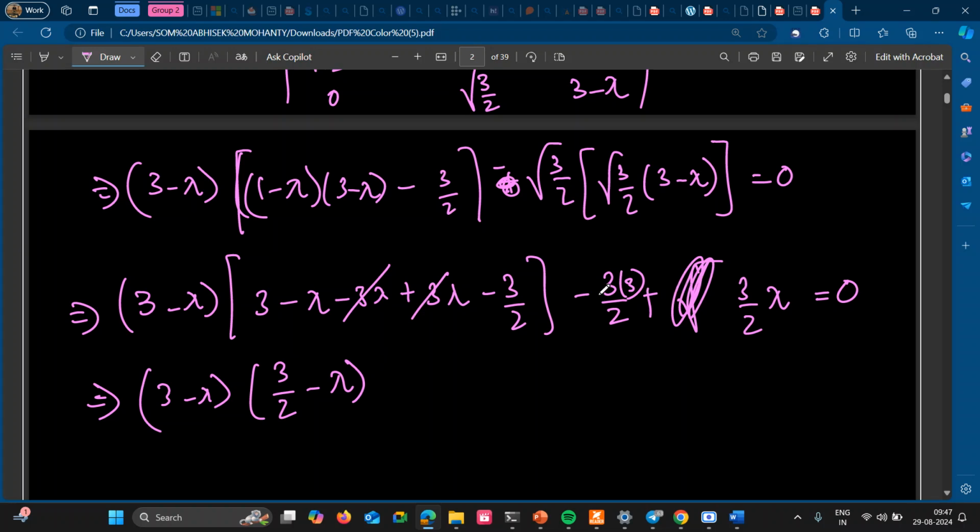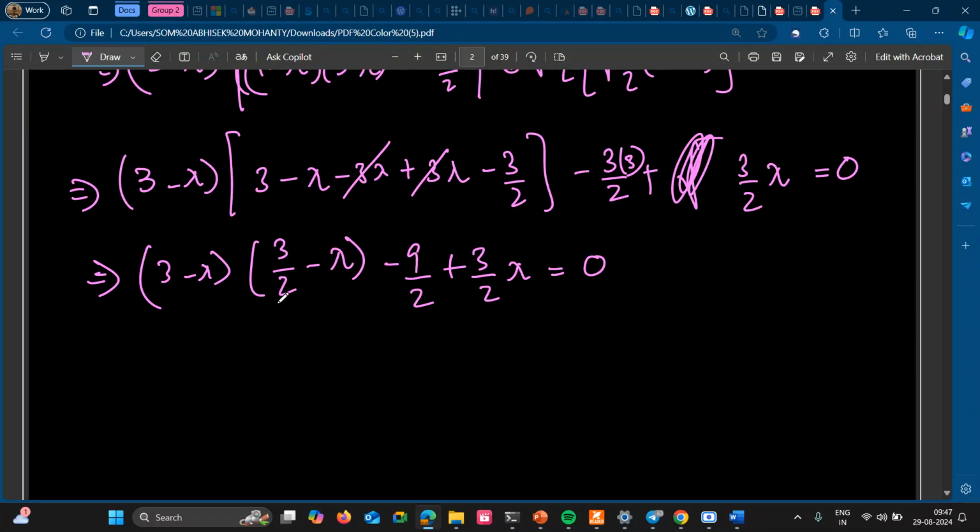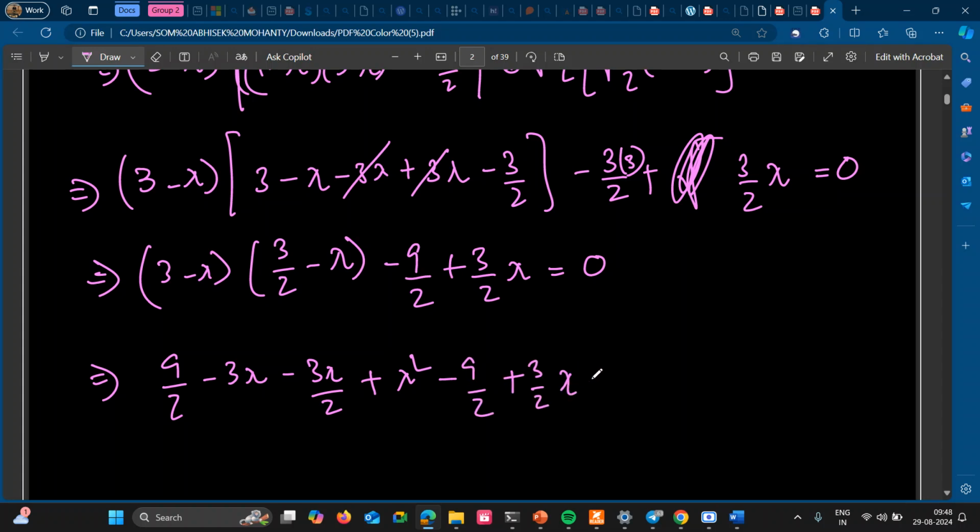Okay, this is 9 by 2 minus 9 by 2, and this is plus 3 by 2 lambda is equal to 0. So multiply them now again: 9 by 2 minus 3 lambda minus 3 lambda by 2 plus lambda square minus 9 by 2 plus 3 by 2 lambda is equal to 0.